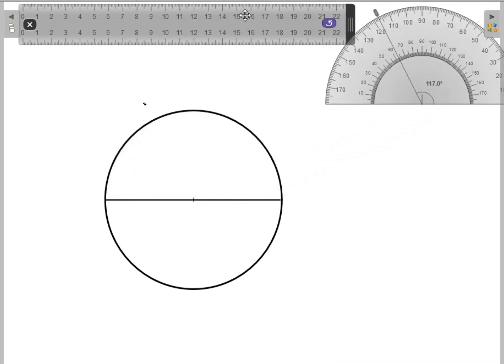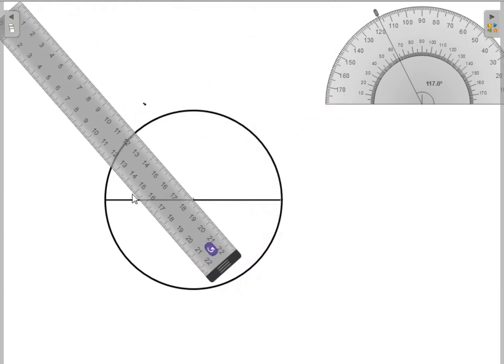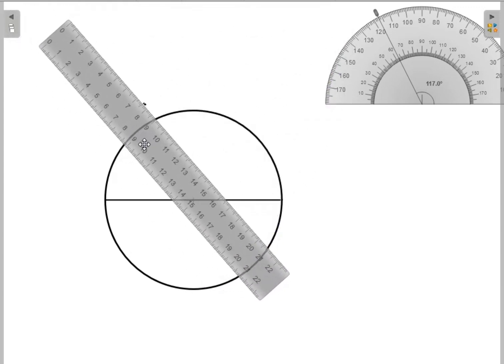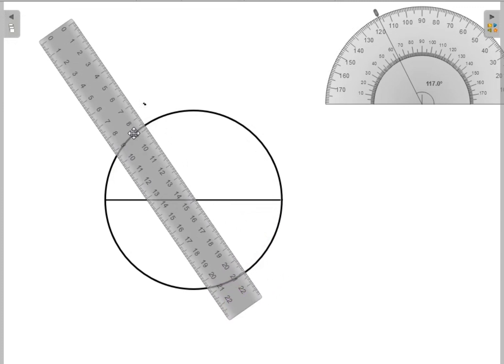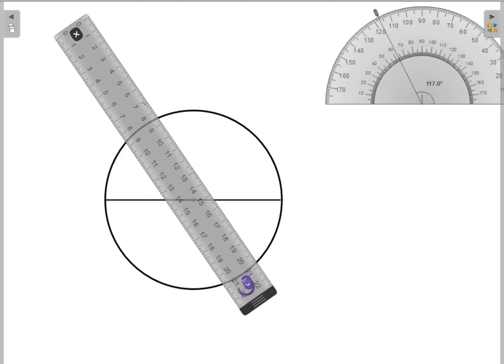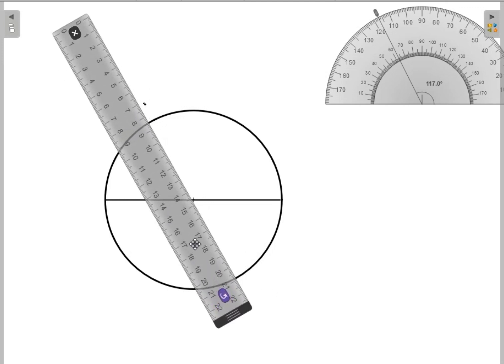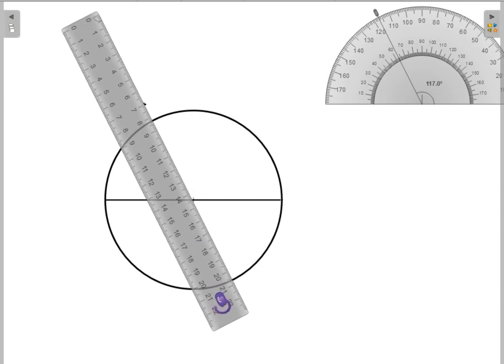Now use your ruler. The ruler is very instrumental here. You use your ruler and draw a straight line to the center.